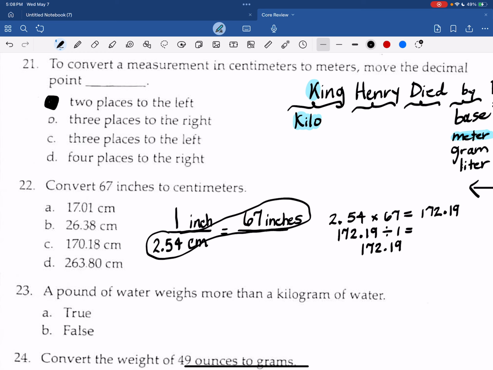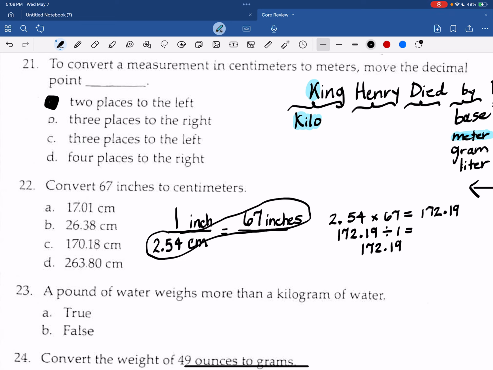Got to find my key. I worked these and let your instructor check them first, so I will know if I'm right or not. Number 22, no, I'm not right. Did I type it in the calculator wrong? 2.54.